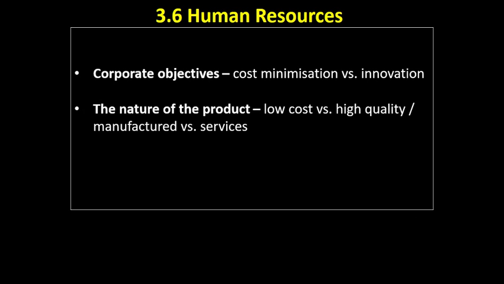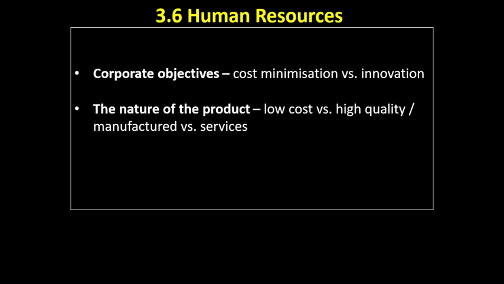The nature of the product is going to be important. If we're mass producing low cost goods, fast food, consistency required, etc., we might go for quite a centralised tall hierarchy where we can just monitor what's going on, make sure everything's okay, versus perhaps a really high quality, innovative type product, bespoke design, tailoring, etc., where workers are really skillful.